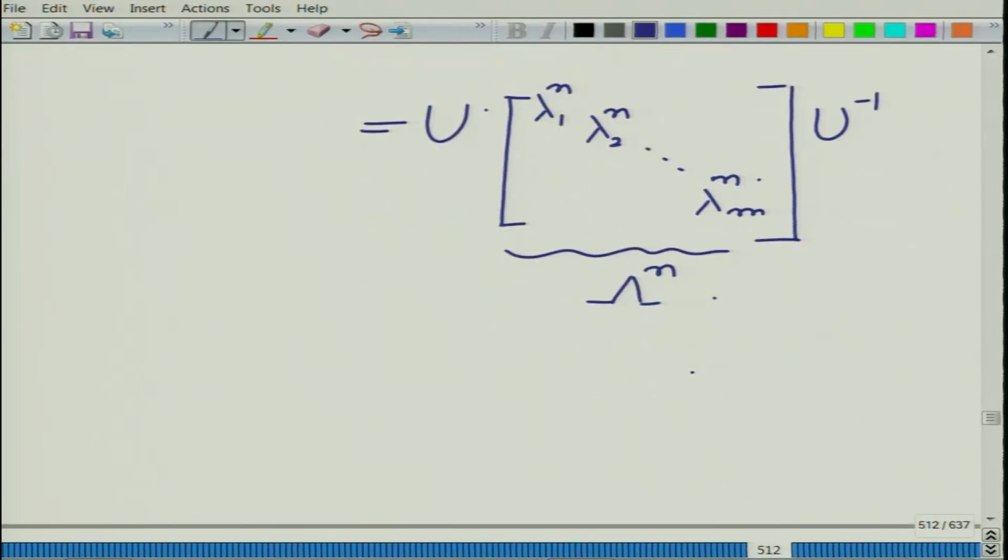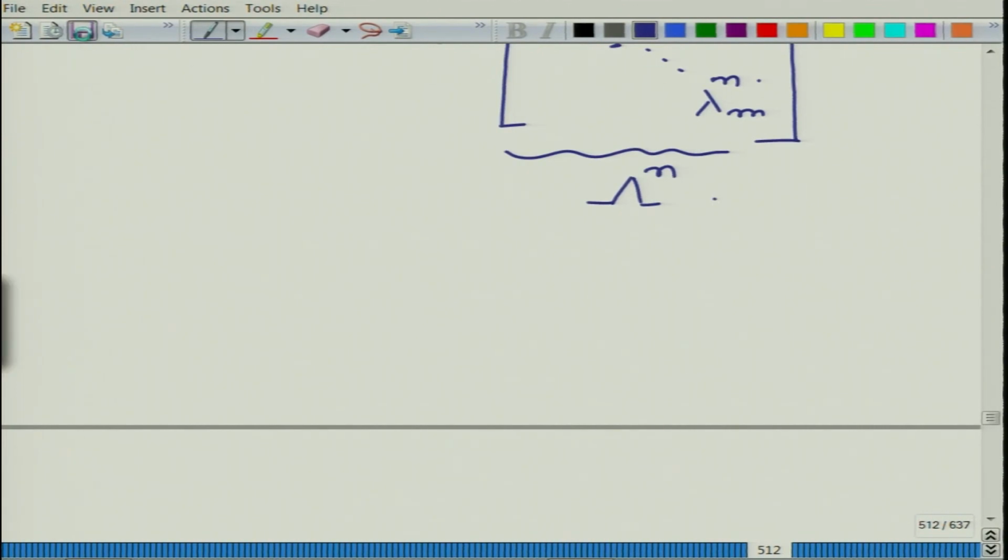Now, let us look at what happens to the matrix exponential.